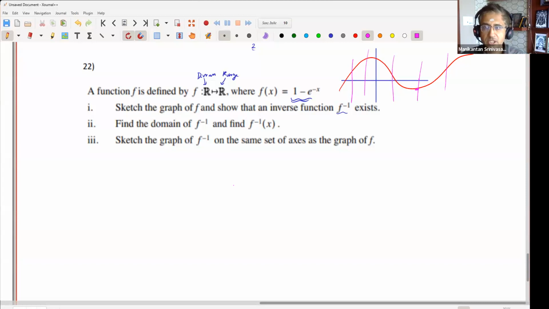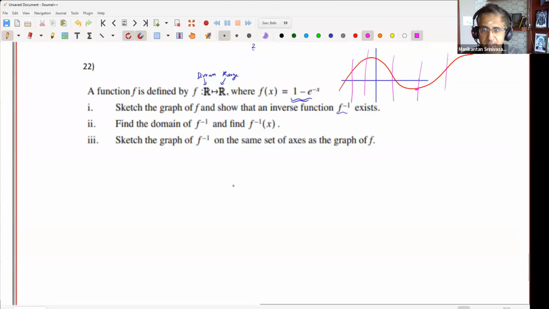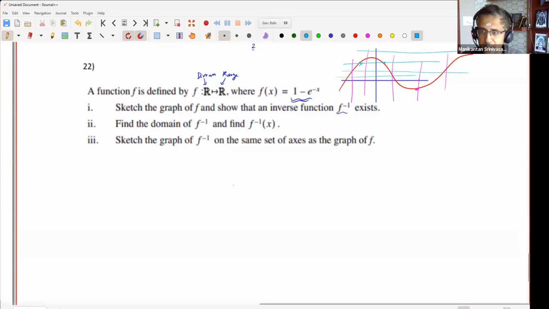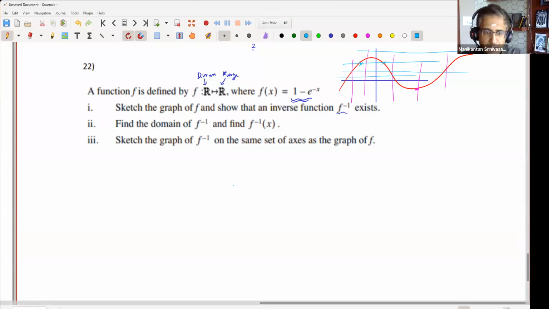Now, for the inverse to exist, it must pass the horizontal test. I can draw a horizontal line and check if it cuts at a unique point. Even if I give one example where a horizontal line passes through 2 points on the graph, that means when I do the inverse, it's not going to be a function, because the roles of x and y are going to swap.